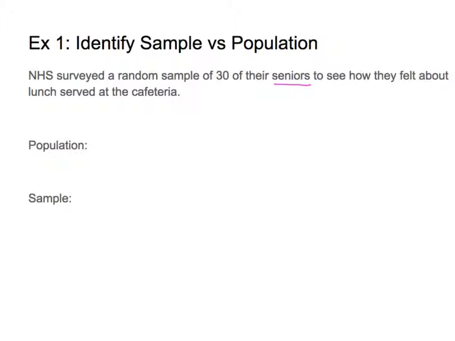So in this case, the population is the NHS seniors. However, we did not go to all of the seniors to ask them how they felt about the lunch served in the cafeteria.